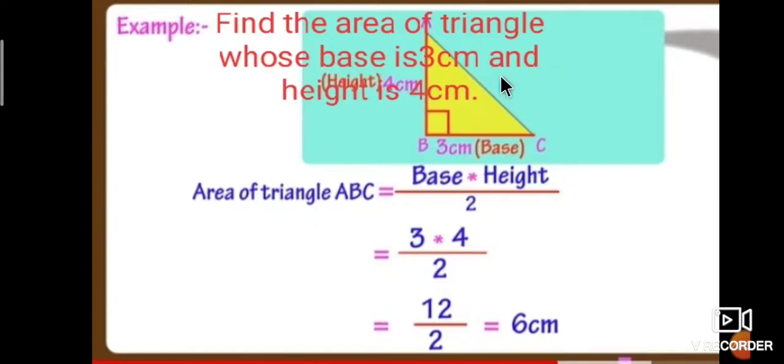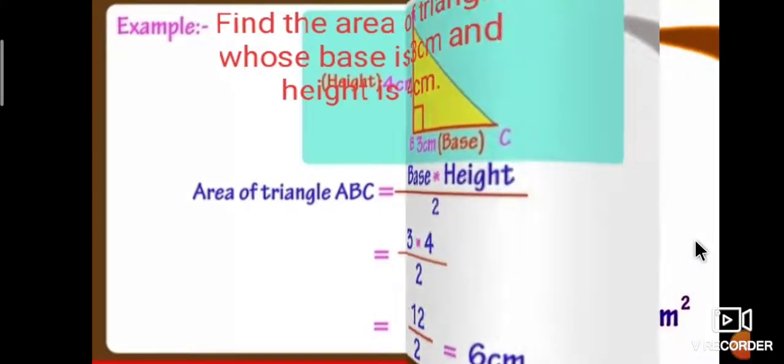Then substitute the values in this formula: 3 into 4 divided by 2, that is 12 divided by 2, that is equal to 6. The area of the triangle is 6 centimeter square. Students, writing centimeter alone is wrong, it is a printing mistake, please correct it. That is 6 centimeter square.